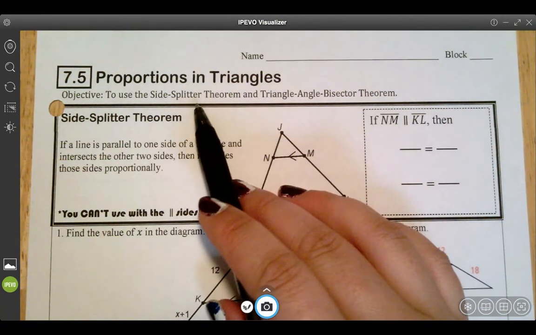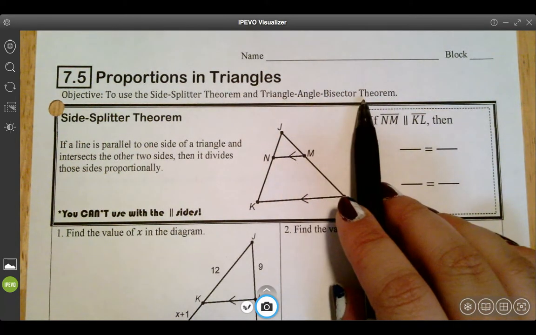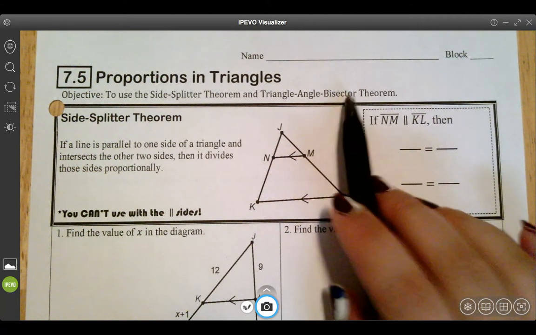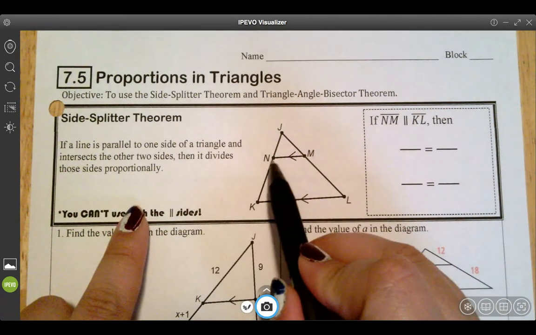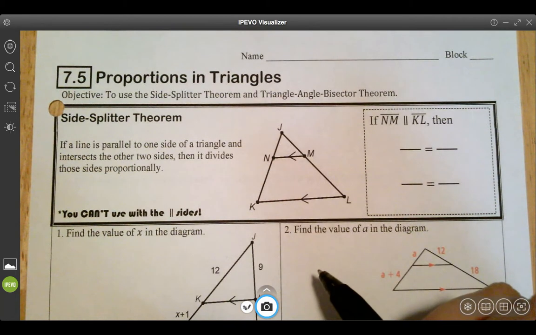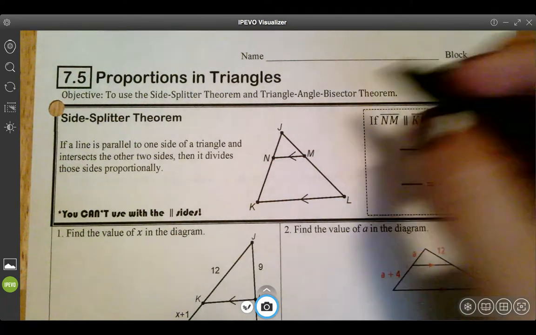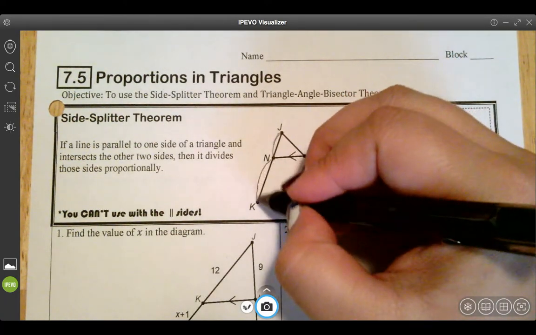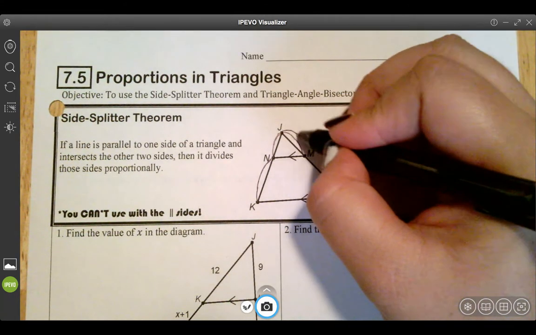Okay, so this side splitter theorem, and then we'll also learn about the triangle-angle-bisector theorem, which, as it says, is going to involve an angle bisector. So starting with our side splitter theorem, what we have is any segment inside of the triangle that is parallel to one of the bases. What this does is it creates a similarity statement where we can say that these sides create a ratio with these other sides.